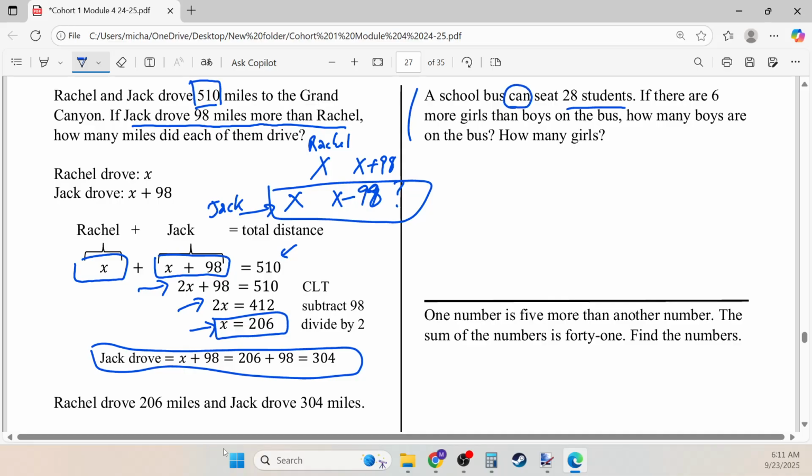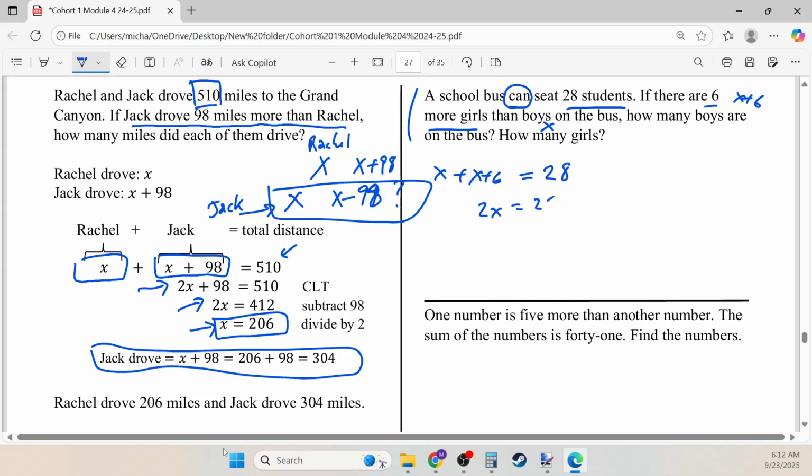This can seat, that doesn't necessarily mean it is seating 28 students currently, but we're going to assume that it is. So we have 28 as our total, and we're told there are 6 more girls than boys. So we'll let boys be X, and girls will be X plus 6. X plus X plus 6 equals 28.